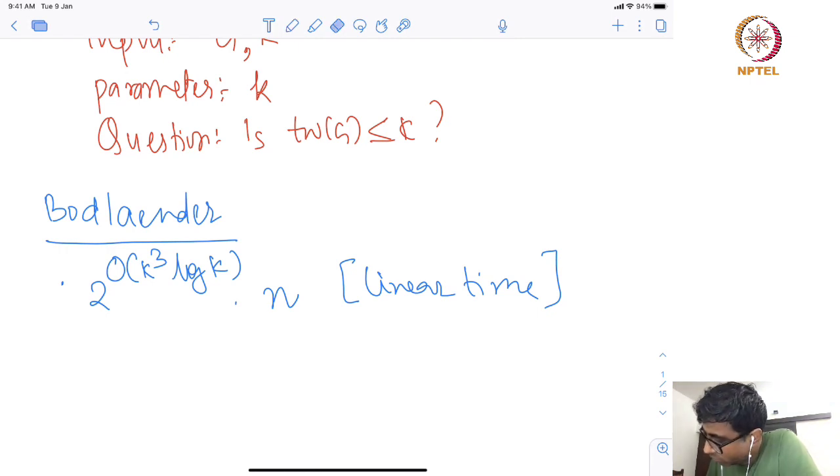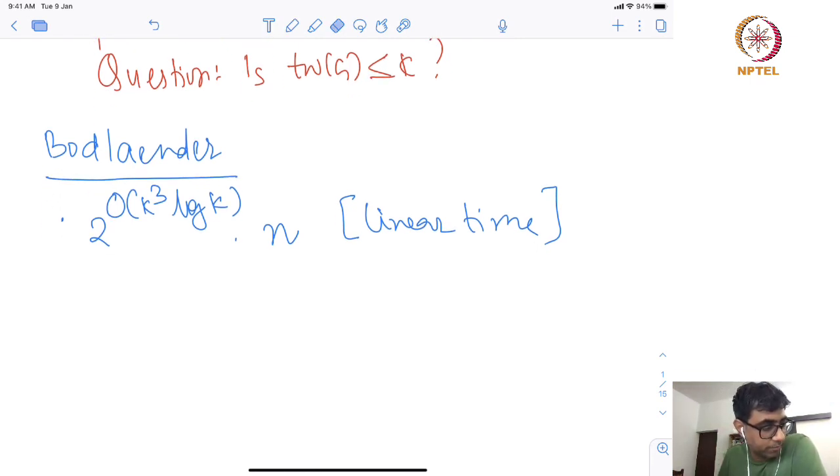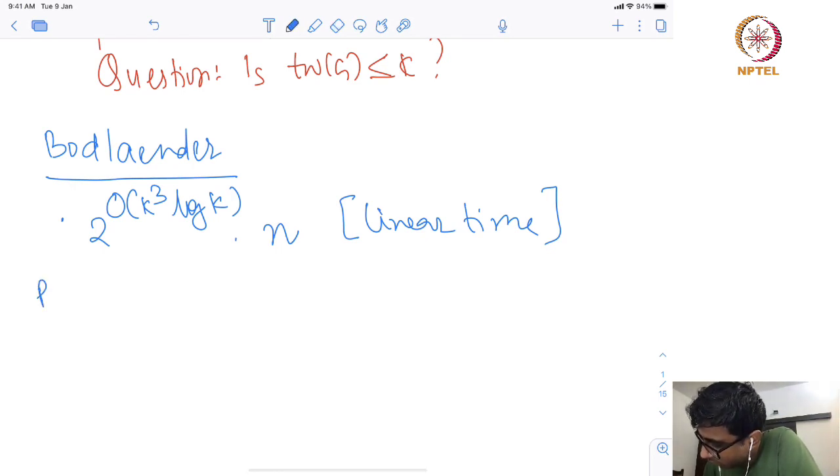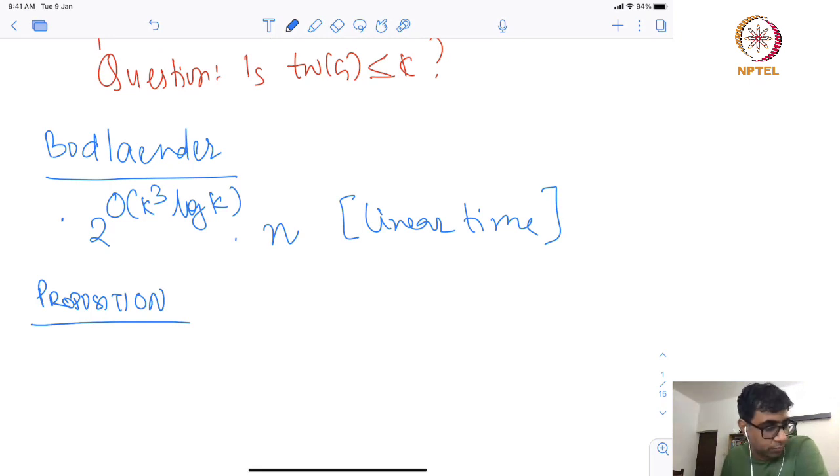So what we are going to present in this lecture today is the following proposition, or the theorem we are going to prove.